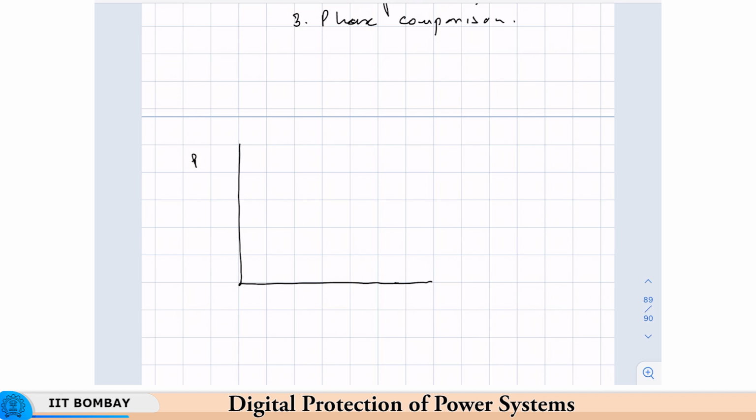So, this is P versus delta, this of course is P max, this was our PM naught, this was our delta naught.